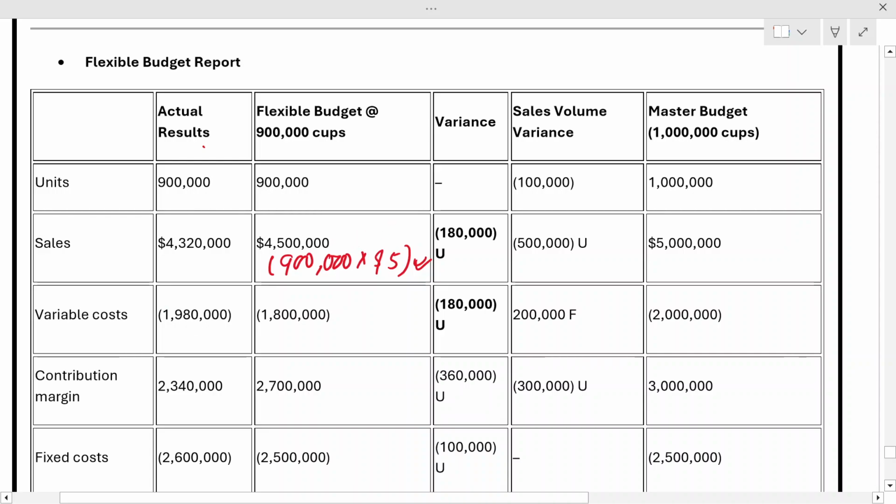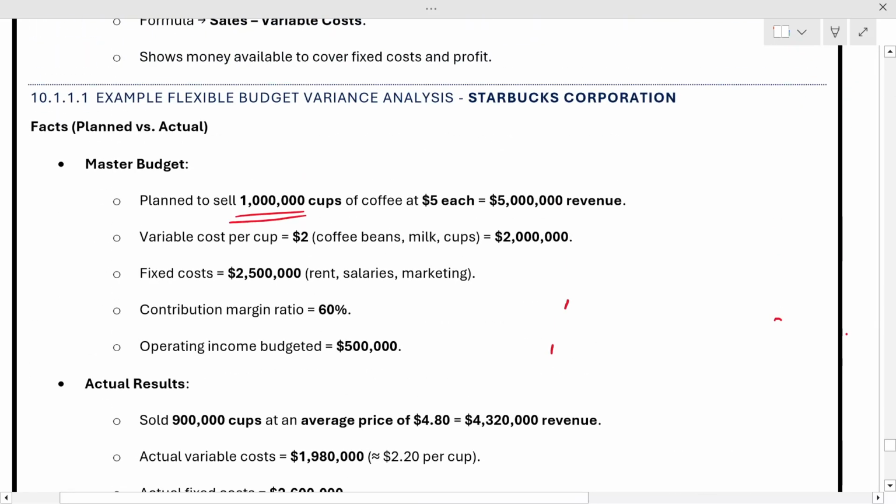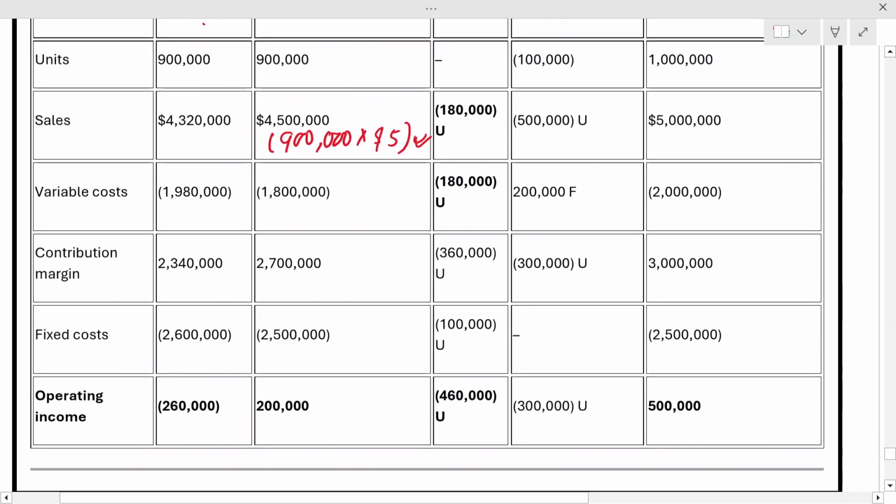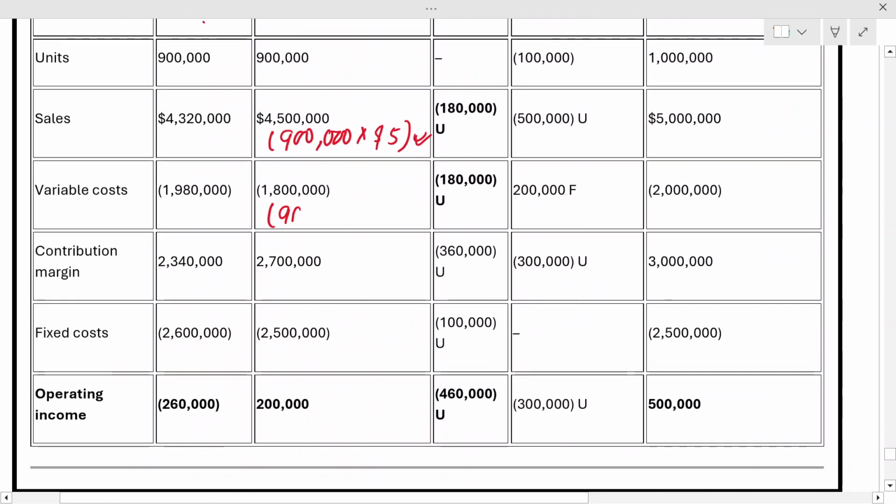Similarly, for our variable cost, the variable cost per cup would have been $2, and so for 900,000 cups we simply do 900,000 multiplied by $2, making it 1.8 million.